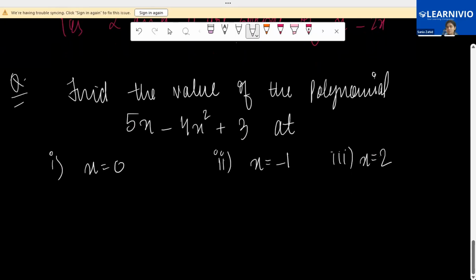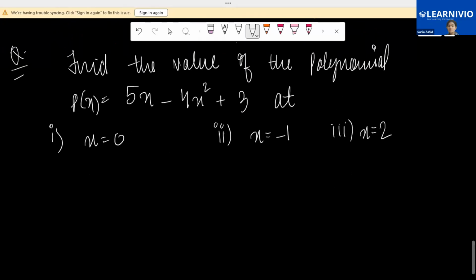Okay, the same kind of questions only. This is the polynomial p(x), and these are the values of x: 0, minus 1 and 2. Put the values, get your answers and tell me the answers. Quickly do this.